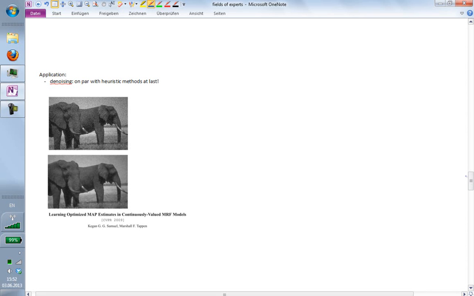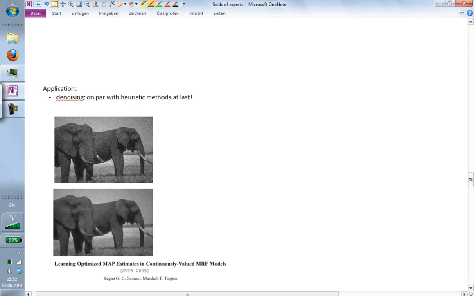And in the meantime, I've heard that that is no longer true. If you take a model like a field of experts and optimize it very carefully, if you learn the parameters very, very carefully, you can then obtain denoising results which are on a par, not better than, but on a par with the heuristic methods.